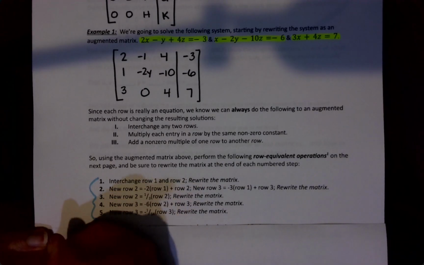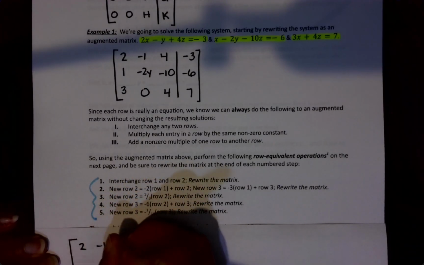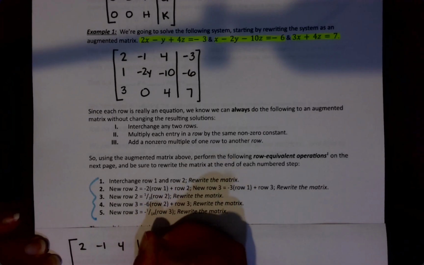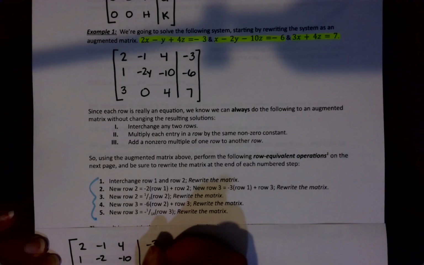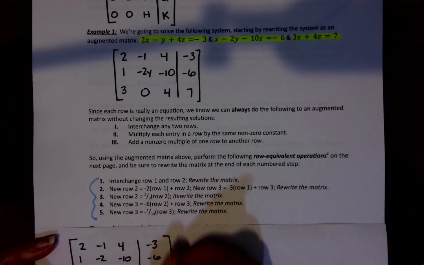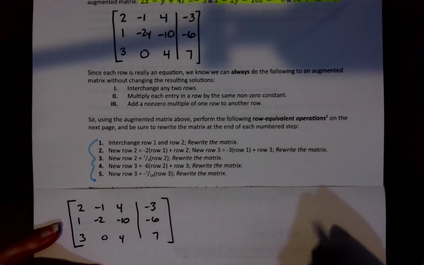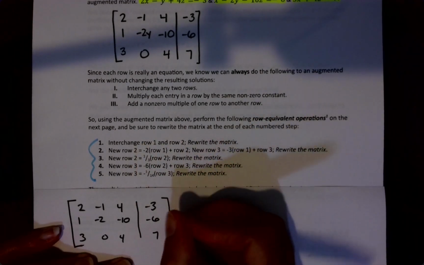Okay, so let me take that original matrix real quick. 2, -1, 4, -3, 1, -2, -10, -6, 3, 0, 4, 7. And we are going to interchange row 1 and row 2.